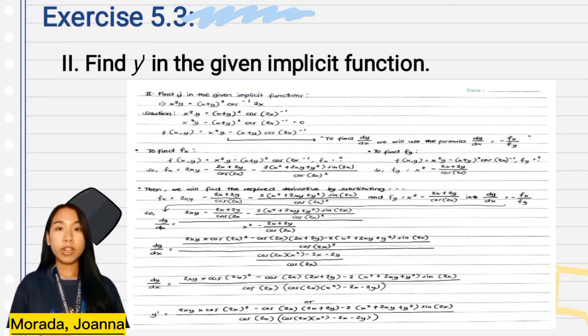So dy over dx equals negative 2x minus 2x plus 2y over cos(2x) minus 2 times (x squared plus 2xy plus y squared) sine(2x) divided by x squared minus 2x plus 2y over cos(2x).